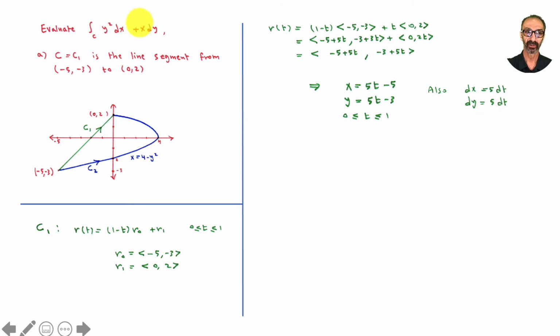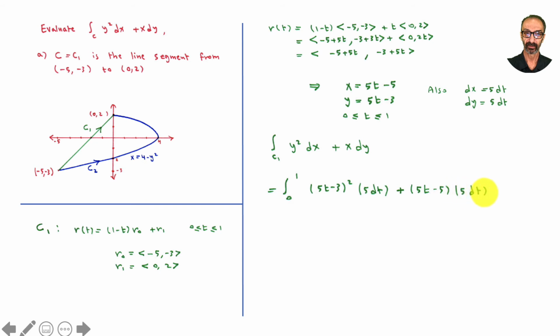Now let's go back to the integration and change everything to the language of t. The integration over C1, the green one, becomes the following. Replace y, replace x, as you can see. dx is 5 dt, dy is also 5 dt.